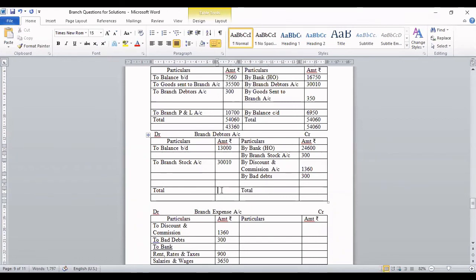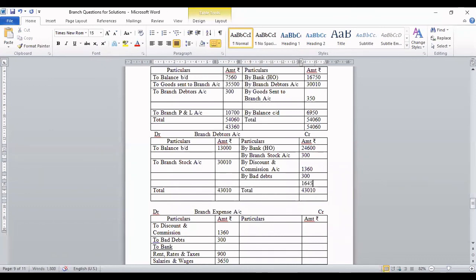Here we can say it is 43,010, and 16,450. The same total will come on both sides. No sir, that is the balance. This 16,450 is your balance. Yes sir.